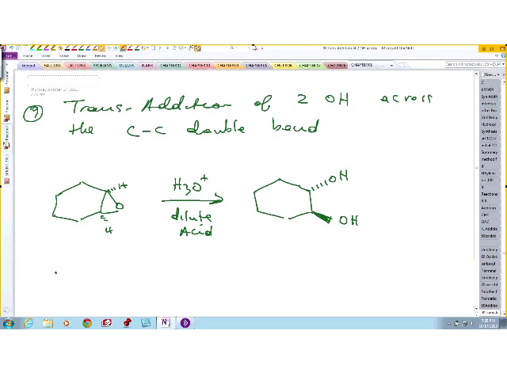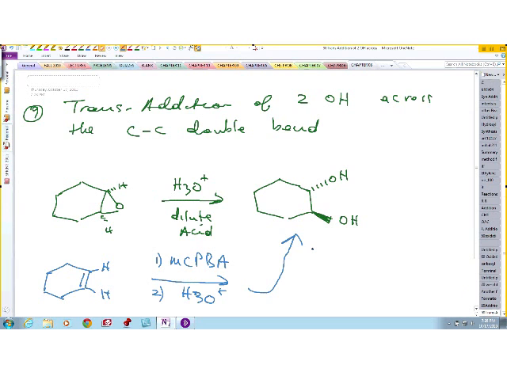Another way you can look at it: you could simply take step 1, m-chloroperbenzoic acid. What would that do? Epoxide. And then step 2, we dump in some dilute acid. That will give you this here.